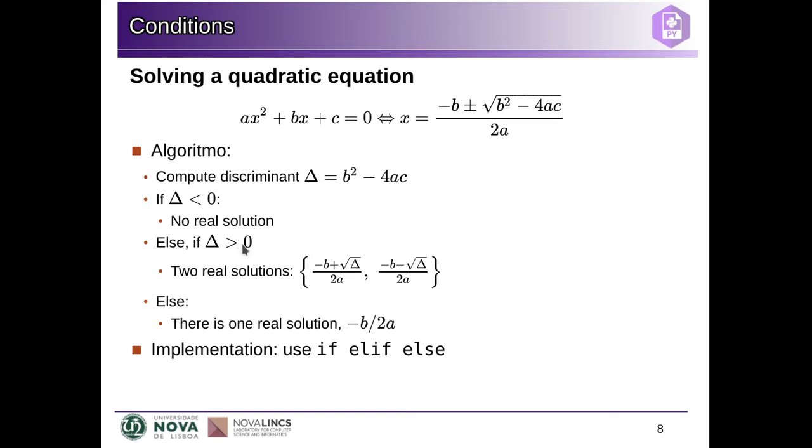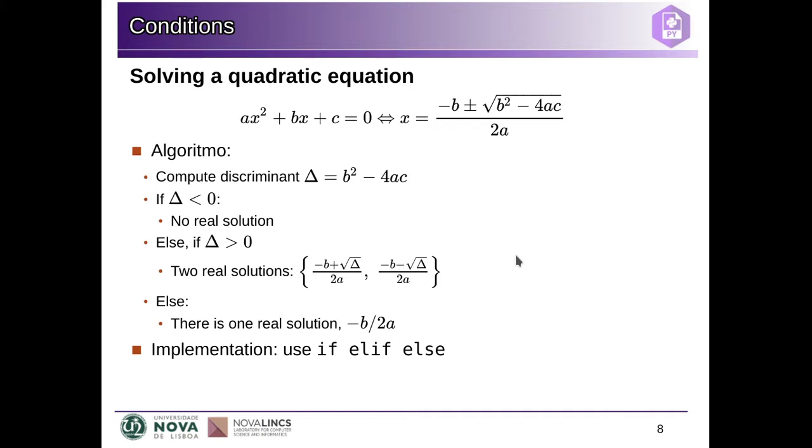If delta is greater than 0, then we have two real solutions: minus b plus the square root of this expression, and minus b minus the expression. Otherwise, if delta is exactly 0, then we only have one solution, which is minus b over 2a, because that part there will be 0.